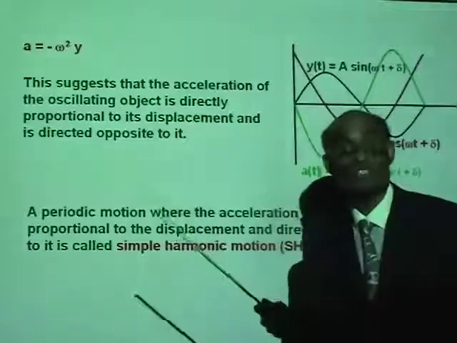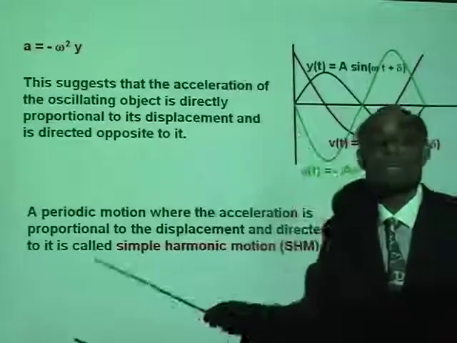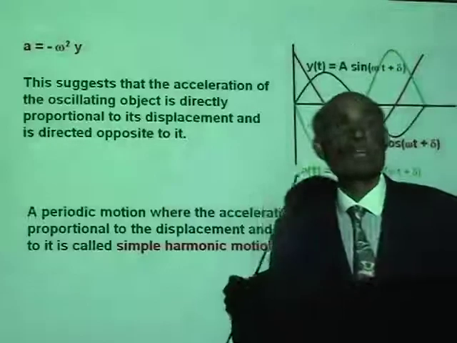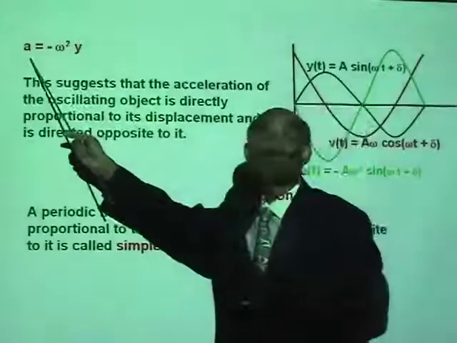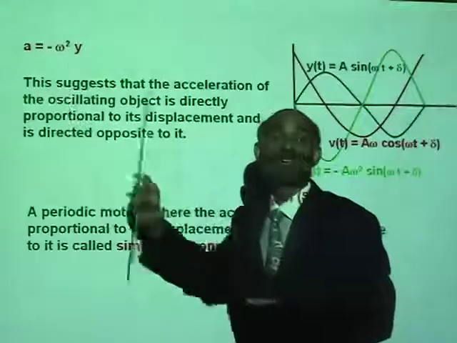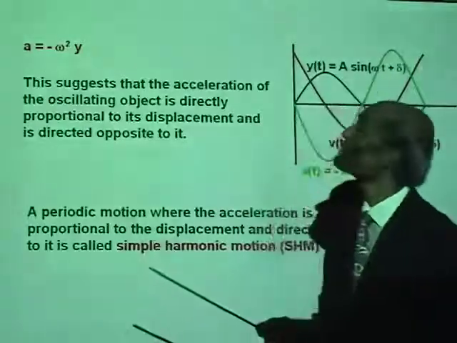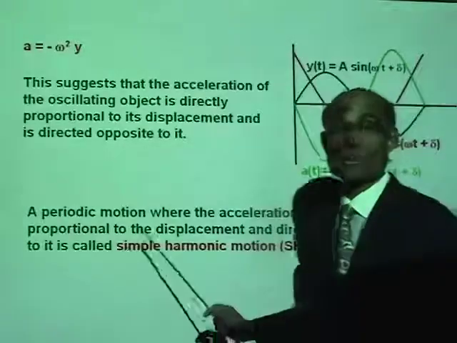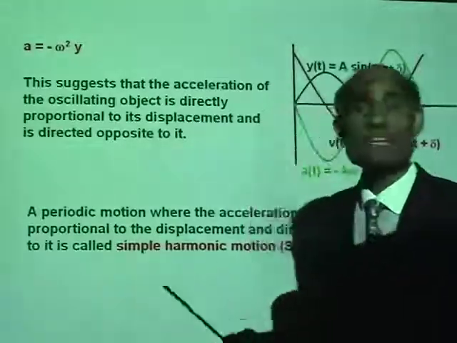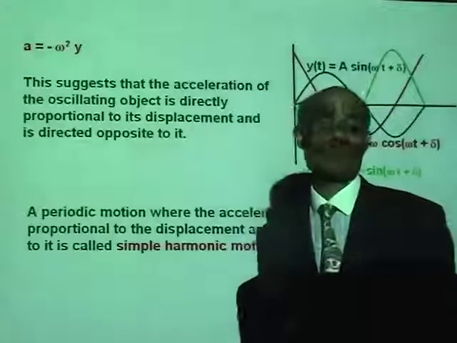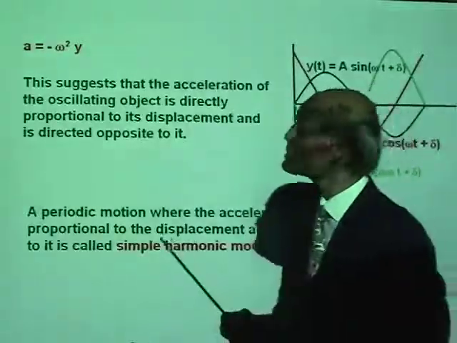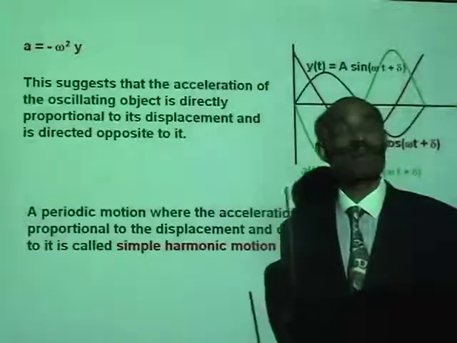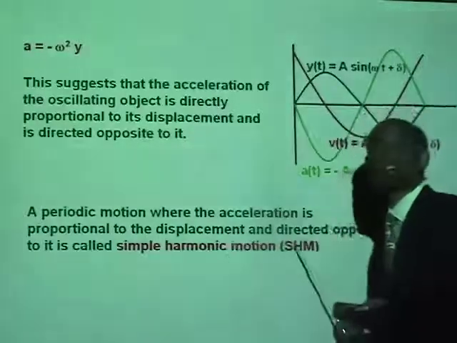So the oscillations of a loaded spring is a simple harmonic motion. And the acceleration of a simple harmonic motion is given by this equation, a equal to negative omega squared y. So you must be very familiar with simple harmonic motion. And all our discussions on oscillations will be on simple harmonic motion, or SHM.